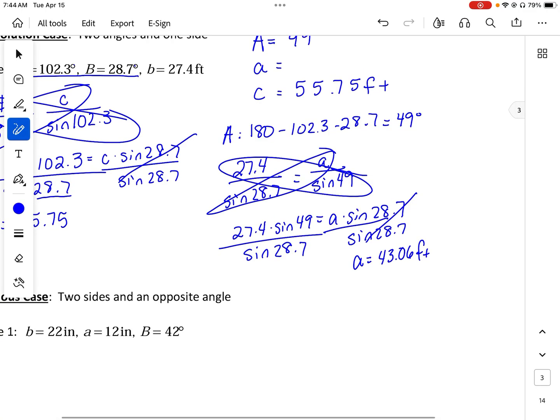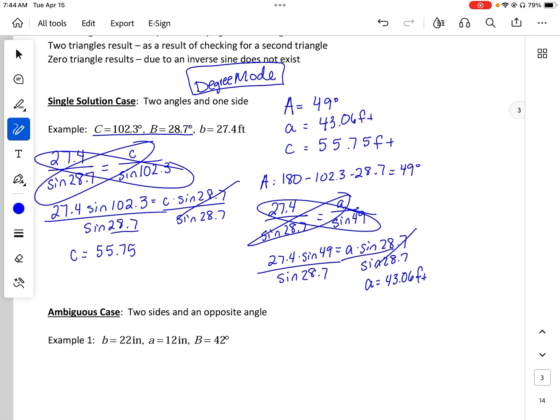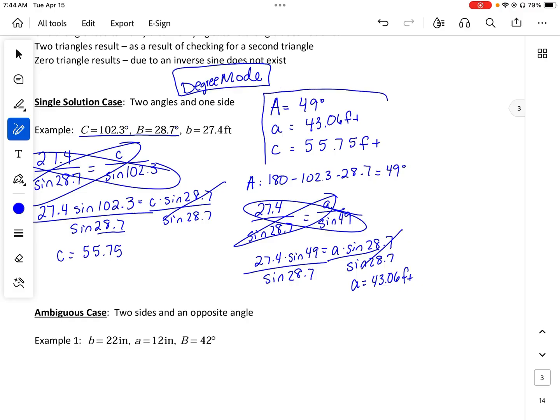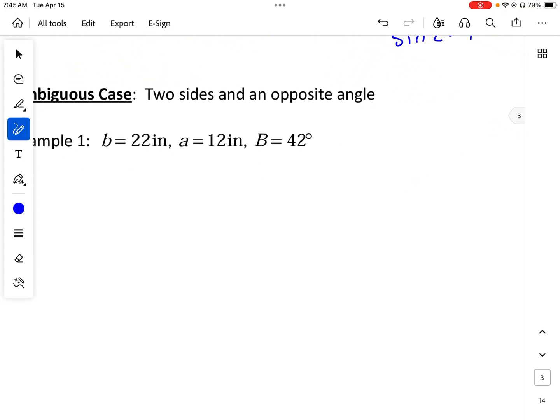Then we do the math, and we get that side A is 43.06 feet. So that goes here. You know you're done whenever you have all the side and angle measurements. And this is one unique triangle, because we know two angles, so A can only be 49.